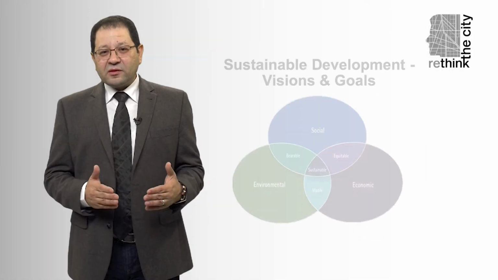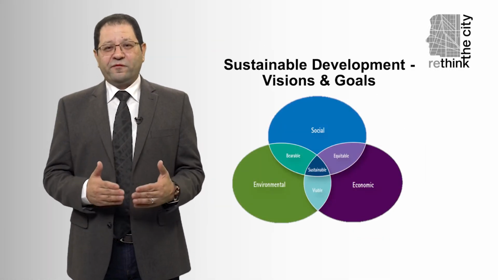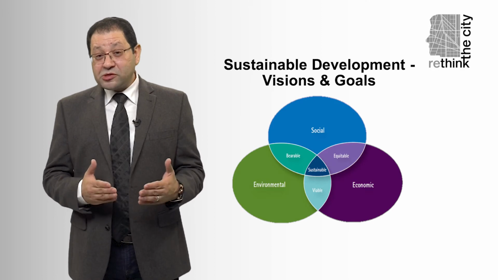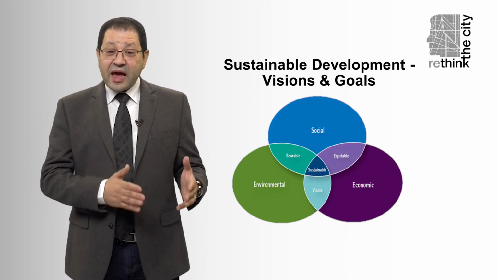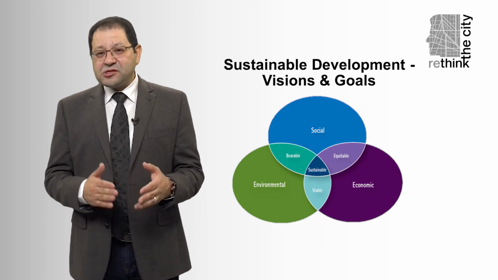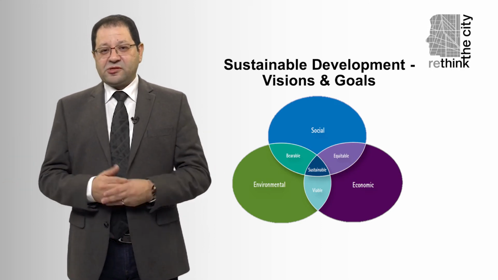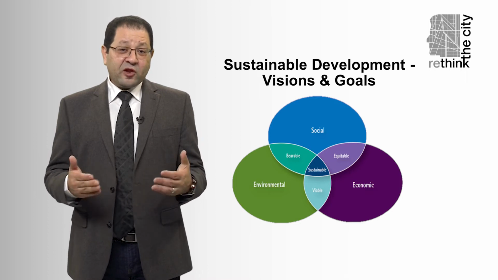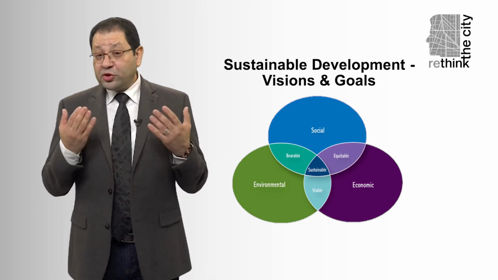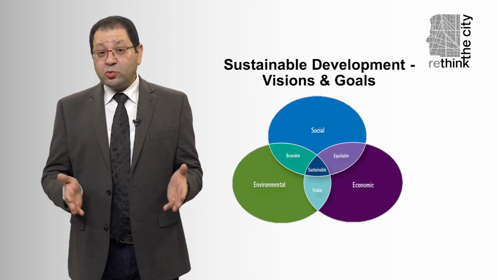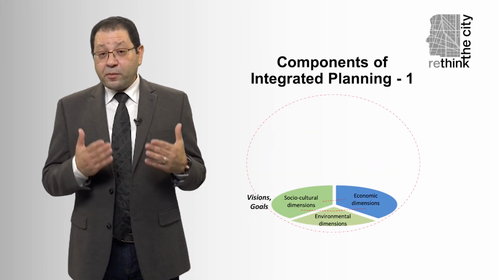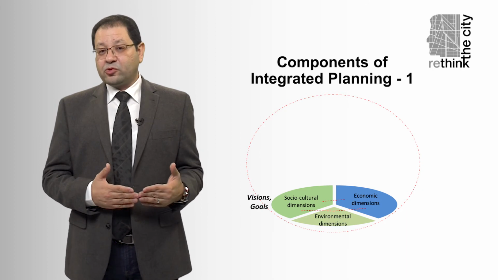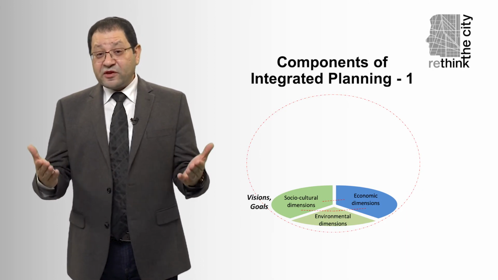Sustainable development is a globally agreed upon framework for visions and goals that look holistically at social, economic, and environmental domains, as well as their interactions and intersections. For a development to be sustainable, all three domains must be dealt with in an integrated way. This gives the first component of the integrated planning approach, and these are goals and vision.